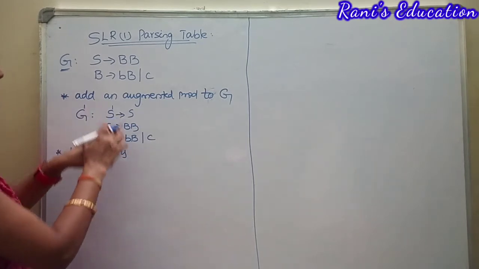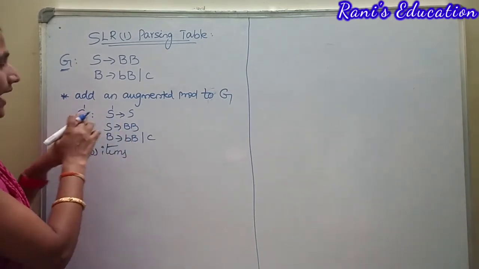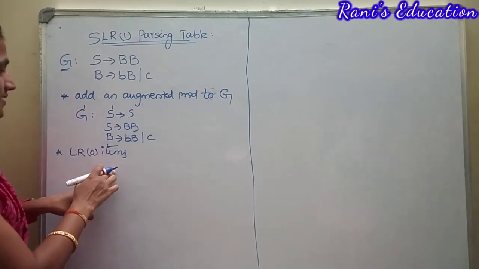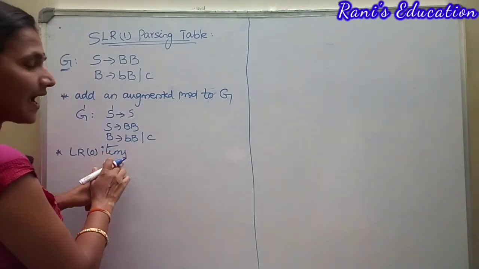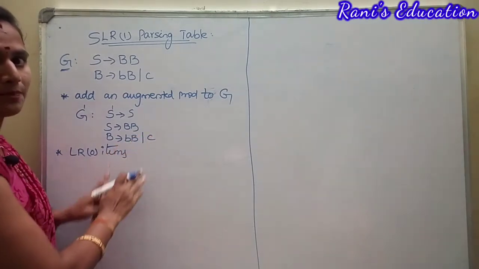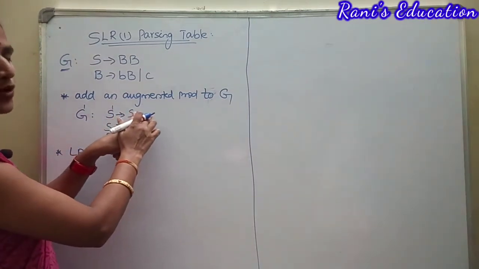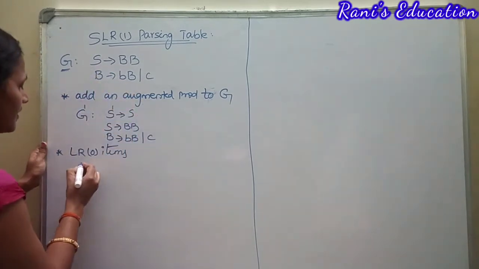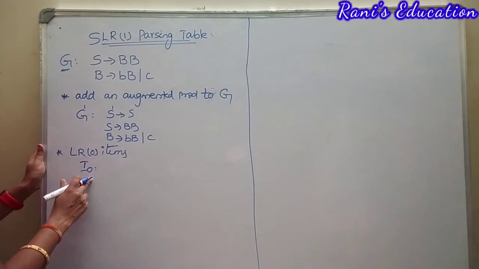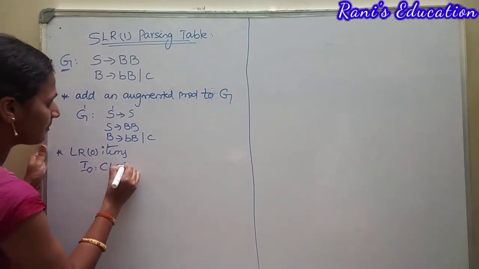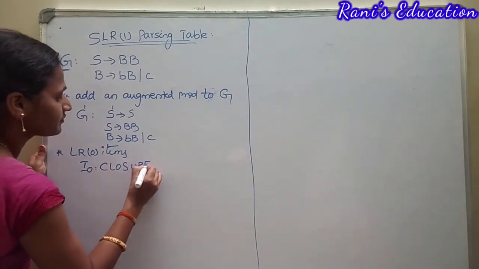Later we are going to compute the items. In I0, we apply the closure for the starting production of the augmented grammar. So the initial item is I0, and for this I am going to apply the closure function.